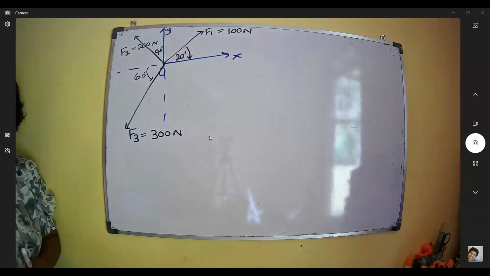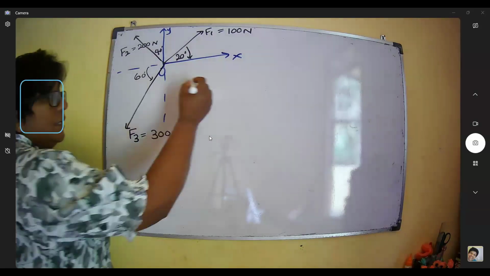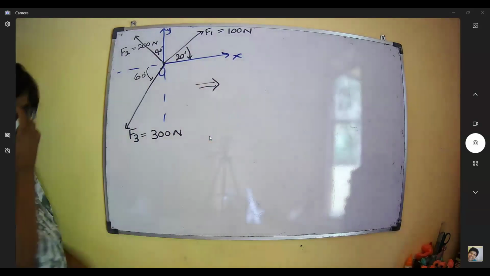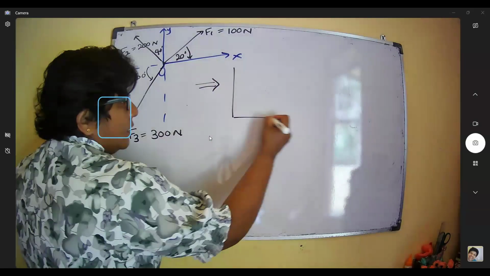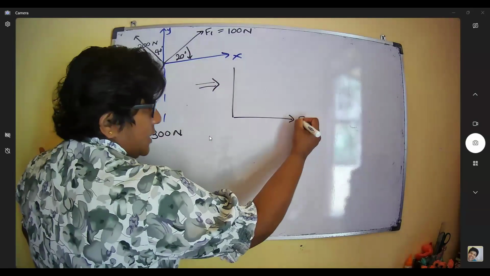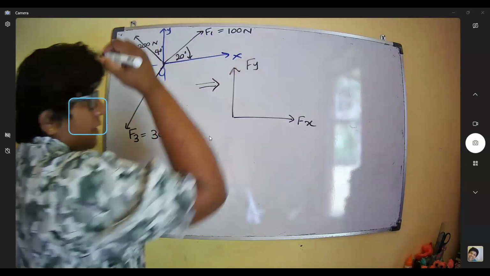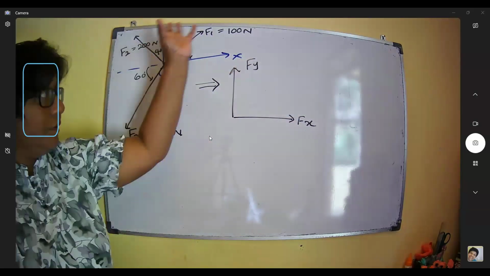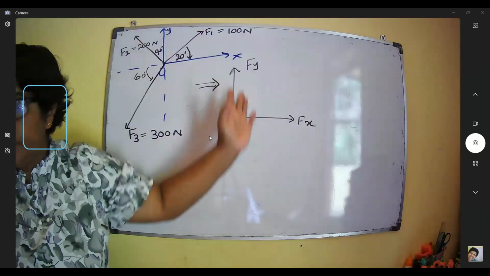How do we find the resultant vector with components? We can convert this system into two components, Fx in the x direction and Fy. First, we see how to convert these into two perpendicular directions.